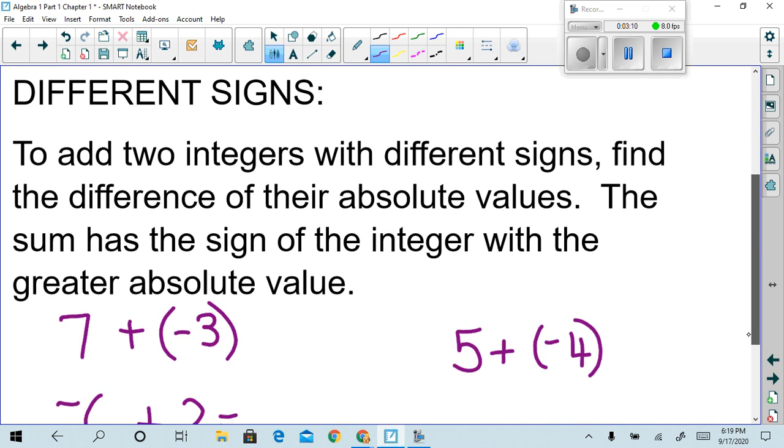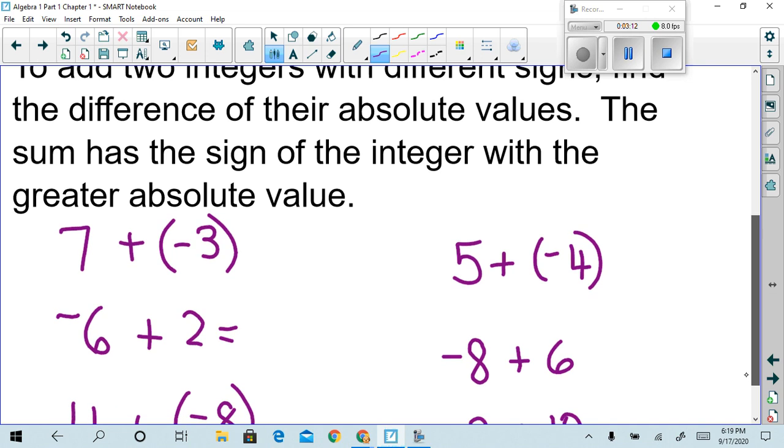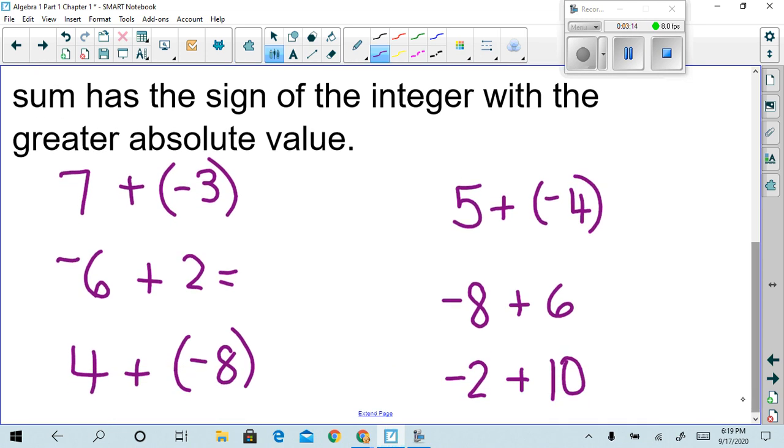All right, let's give this a practice. Here are my first 6 problems. Test them out. We're looking at unlike signs. I'll subtract and keep the sign of the greater absolute value. Well, 7 is further from the origin than -3 is, so that's why it's positive. We go to the next one. I have -6 plus 2, unlike signs.